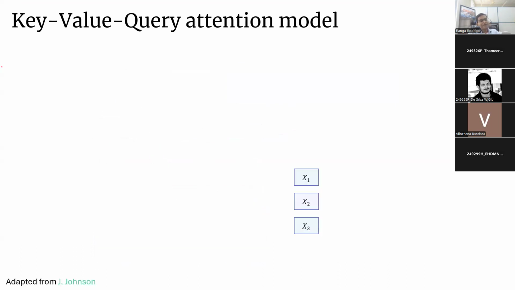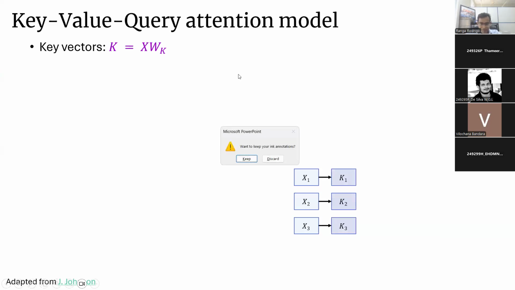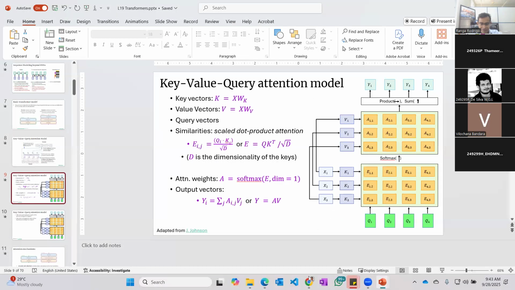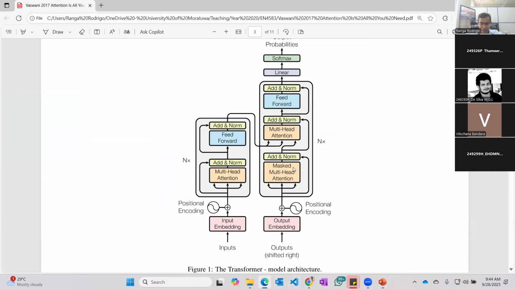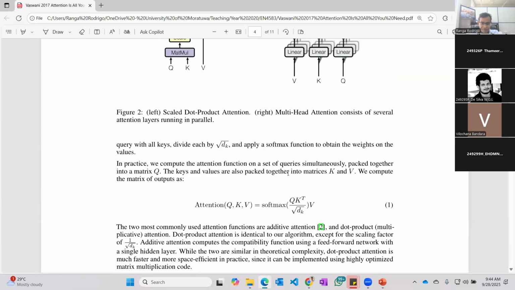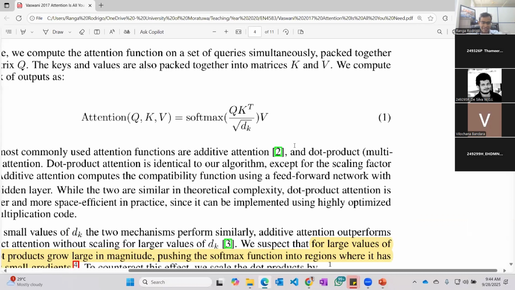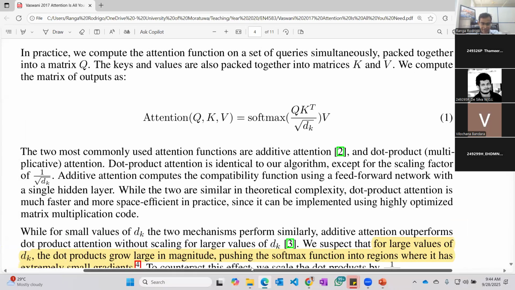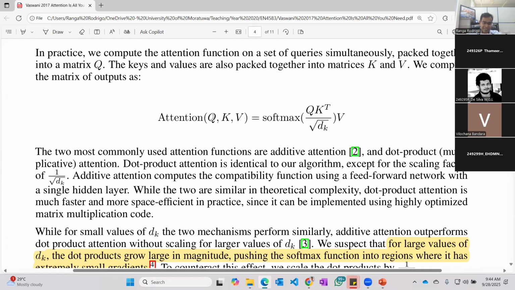Okay, now we want to pay attention to the key-value attention model. In the paper there is an important equation. We want to understand this very famous equation. You can see the query, key, and value.